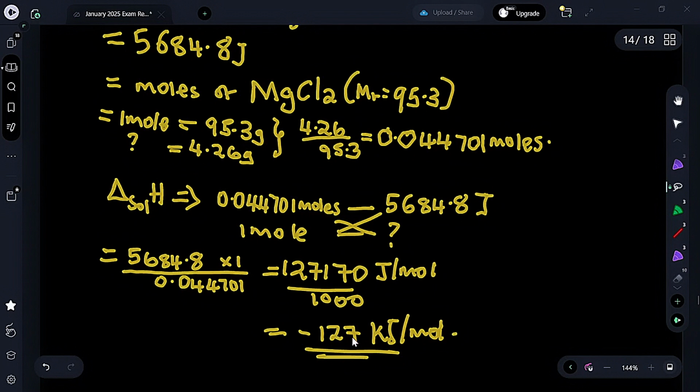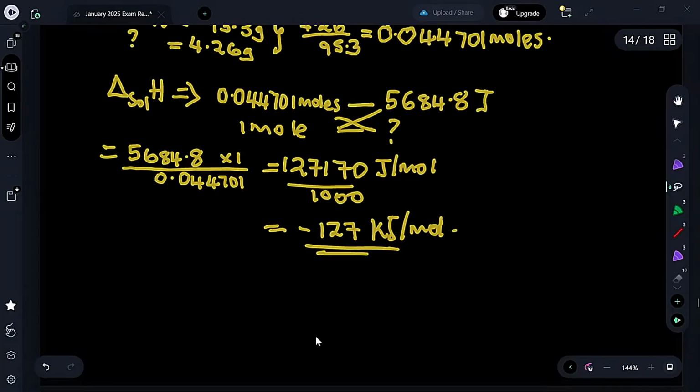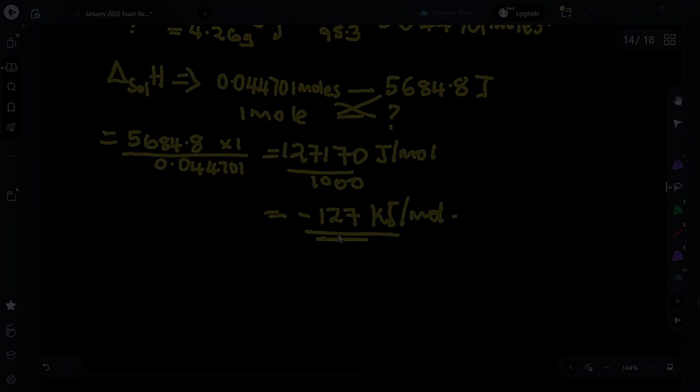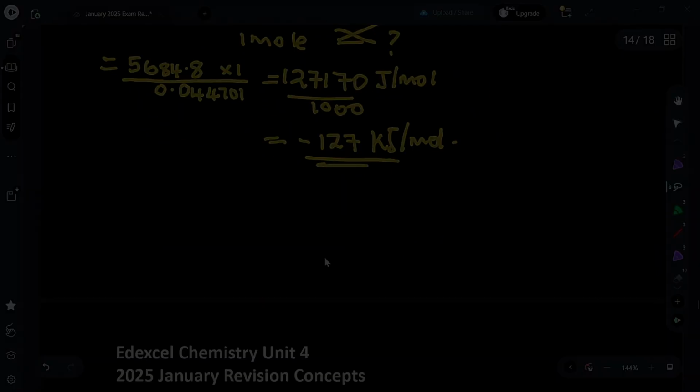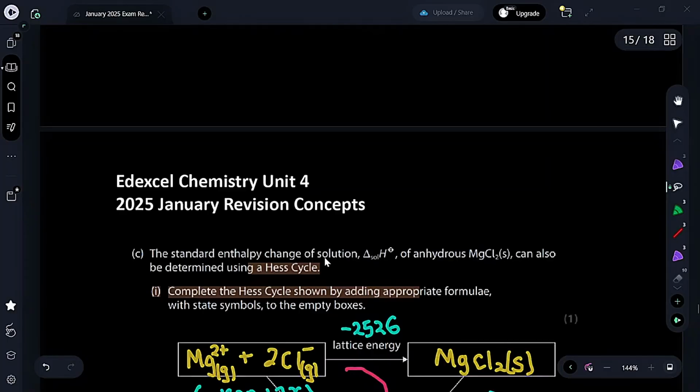This gives us 127.17, which is negative 127 kilojoules per mole. It's exothermic. The dissolving of magnesium chloride is exothermic. Temperature has gone up when it is dissolved. Right. It's negative 127 kilojoules per mole. Nice.